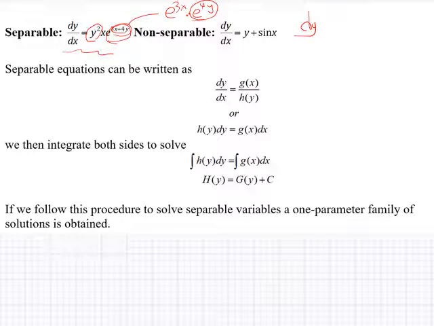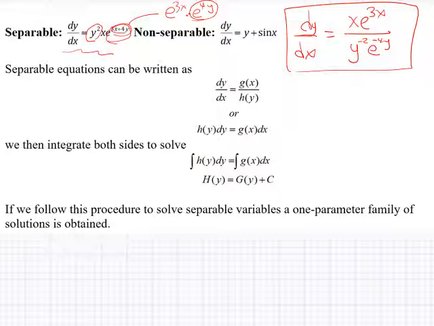So we would get dy/dx equals x e to the 3x over y to the negative 2 e to the negative 4y. And there is your separable differential equation in the form that you want.